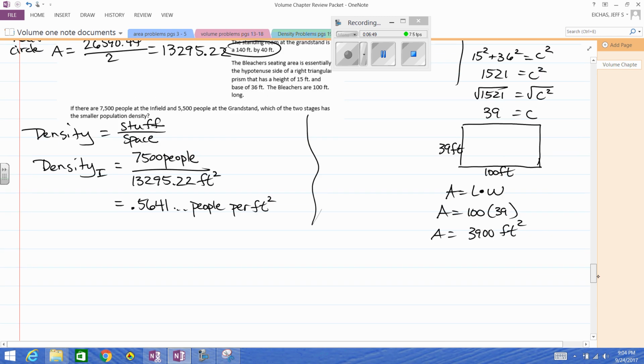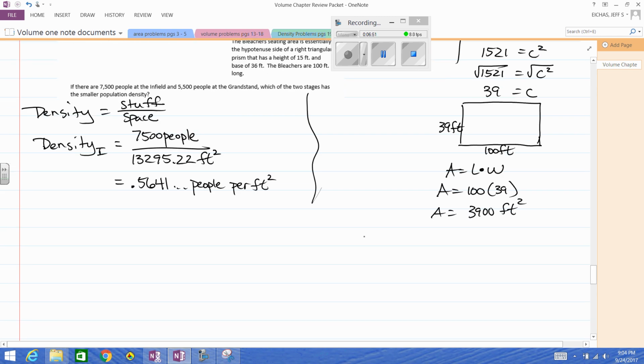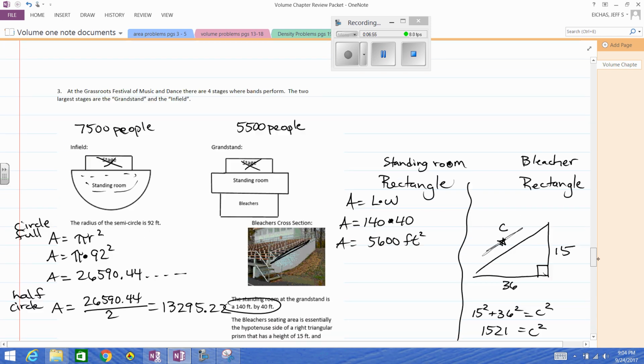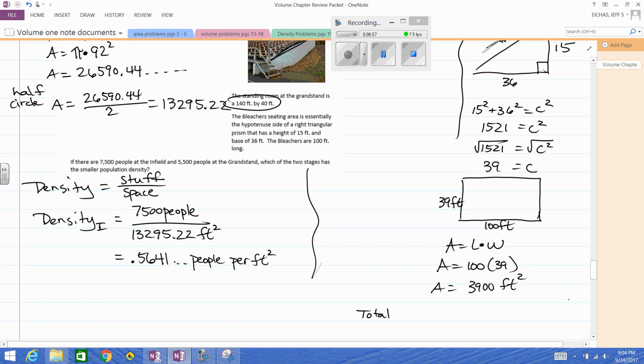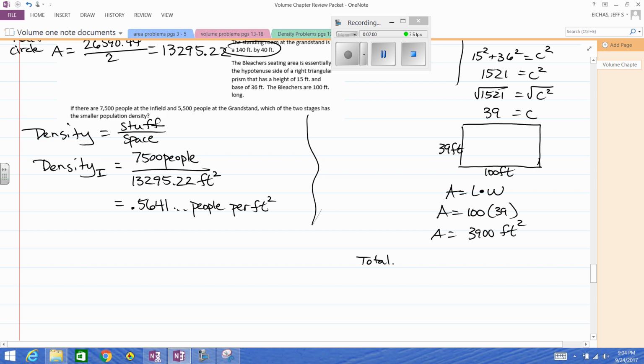Now we're going to add the two together for the total for the grandstand: 5,600 with 3,900, and we're looking at 9,500. That's the total square footage for the grandstand.